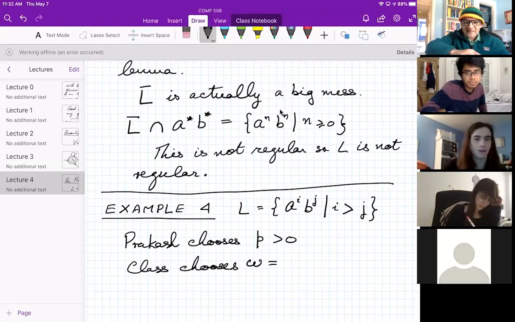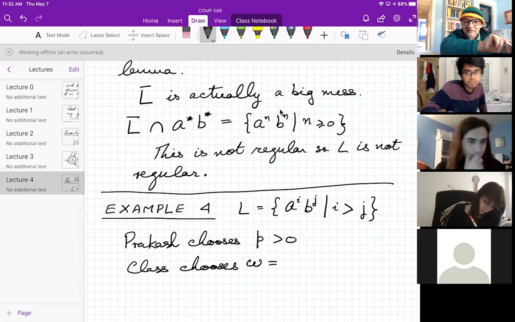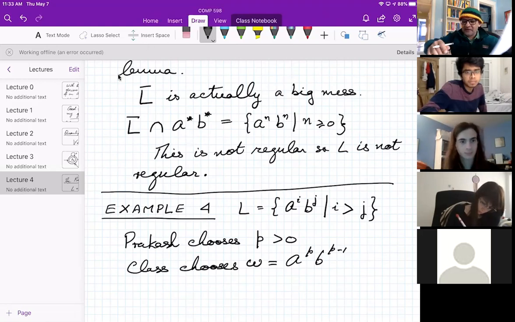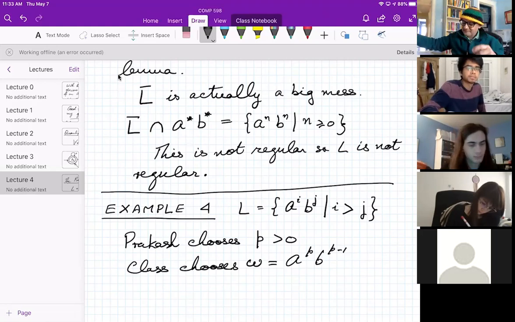So, Asa is suggesting A to the p, B to the p minus 1. Excellent choice.